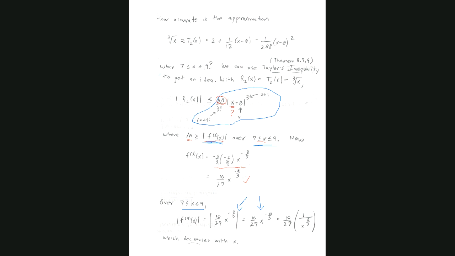What do I need to know about this third derivative? What key thing do I need to know about it in order to find out what that m value is going to be? What's the key question regarding the third derivative? What do we want to know about that function over the interval from 7 to 9?